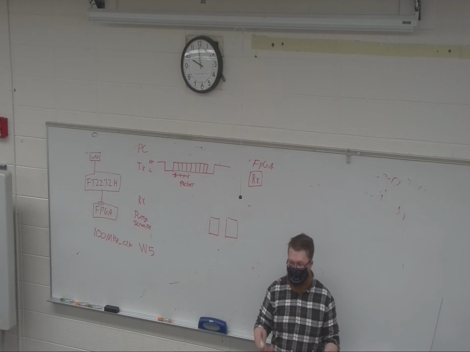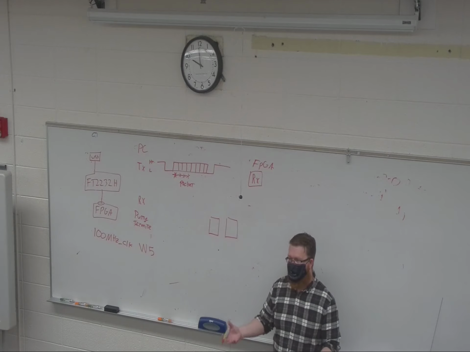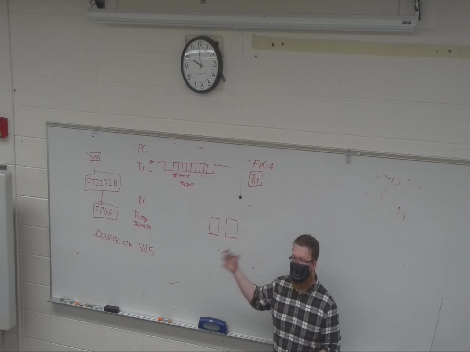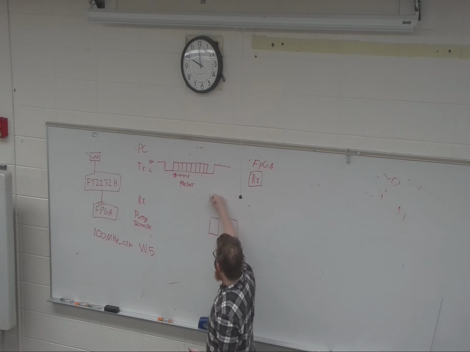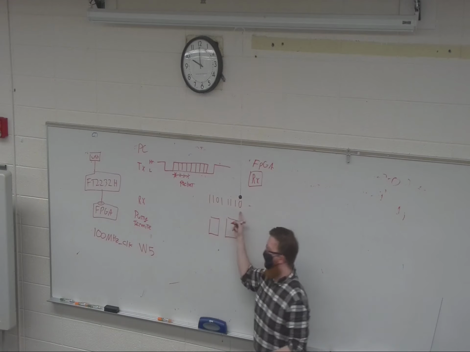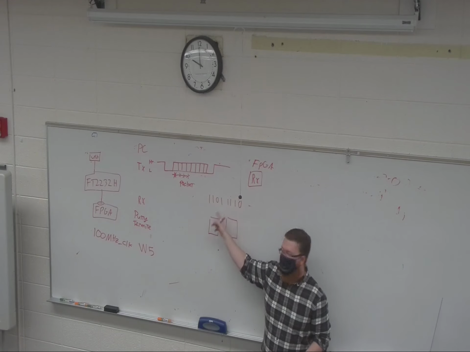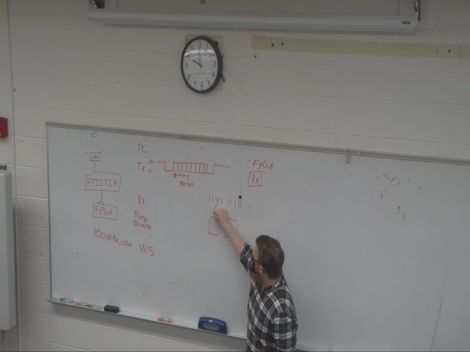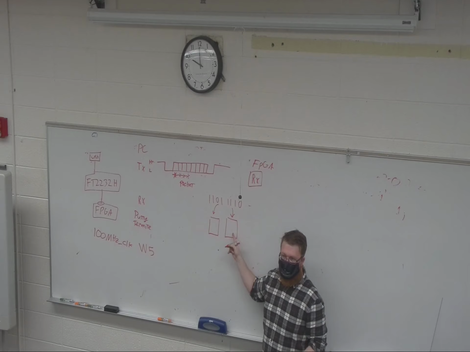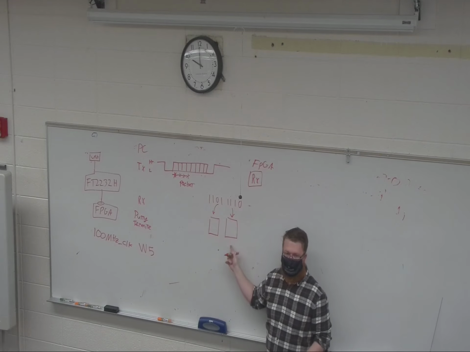So after you've simulated the receiver, you're going to pull out the counter, and you're going to put in the receiver in its place that is going to load into memory some sequence of 8 bits. And then you're going to send those bits to these 7-segment displays to verify that it's working.